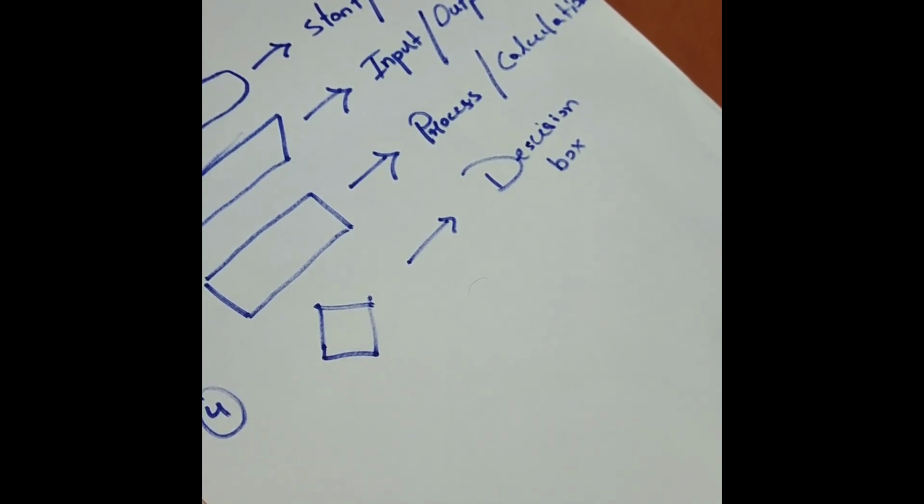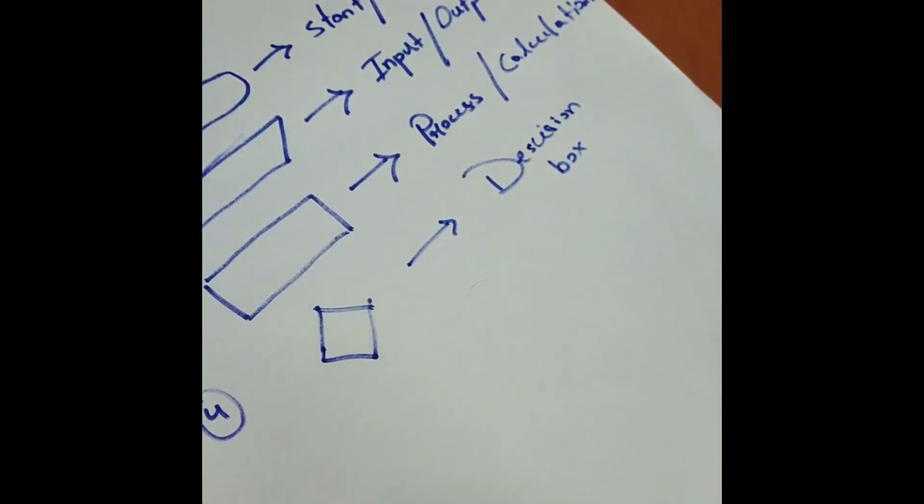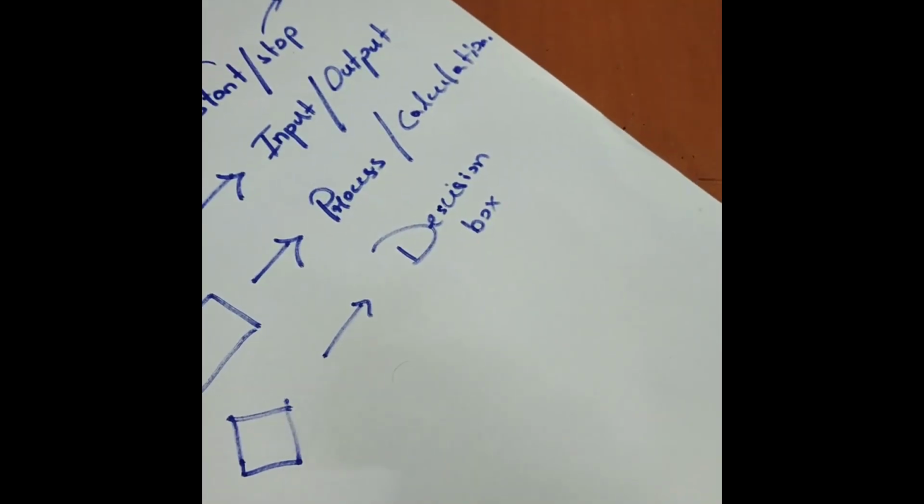So the computer has to make a decision. I've given 2 as an input, and obviously 2 is an even number, so the computer decides the number is even, and I have to print that the number is even. That decision making is done inside this rhombus. That's what we call a decision box.